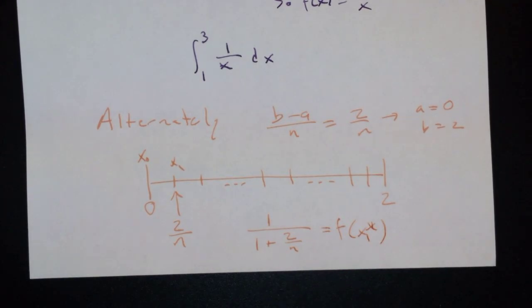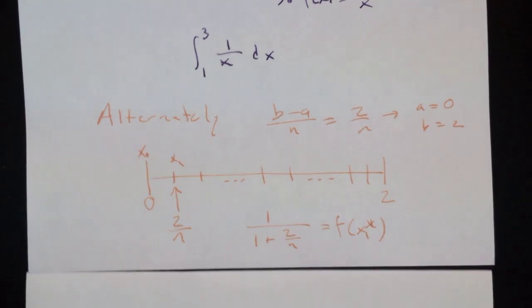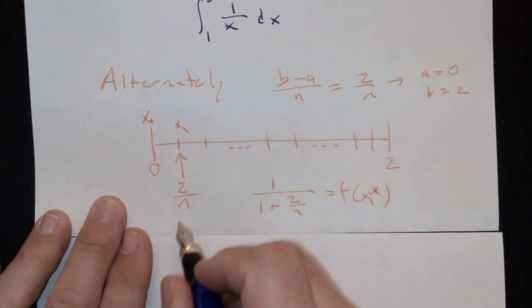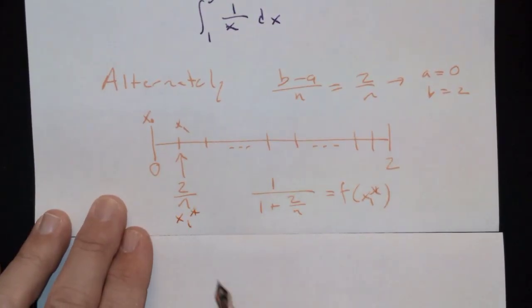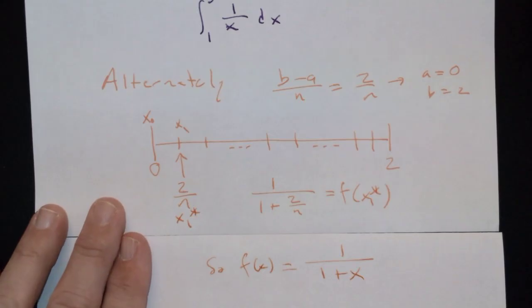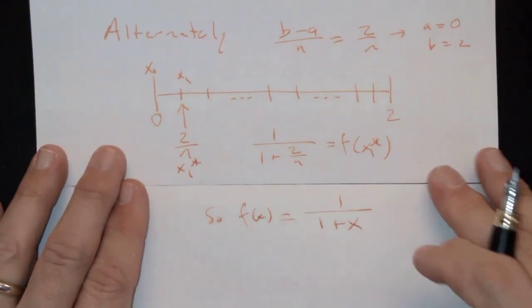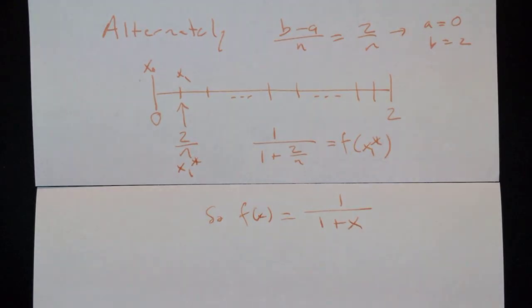Right? Then what's f of x? Then f of x is not 1 over x, it's 1 over 1 plus x.